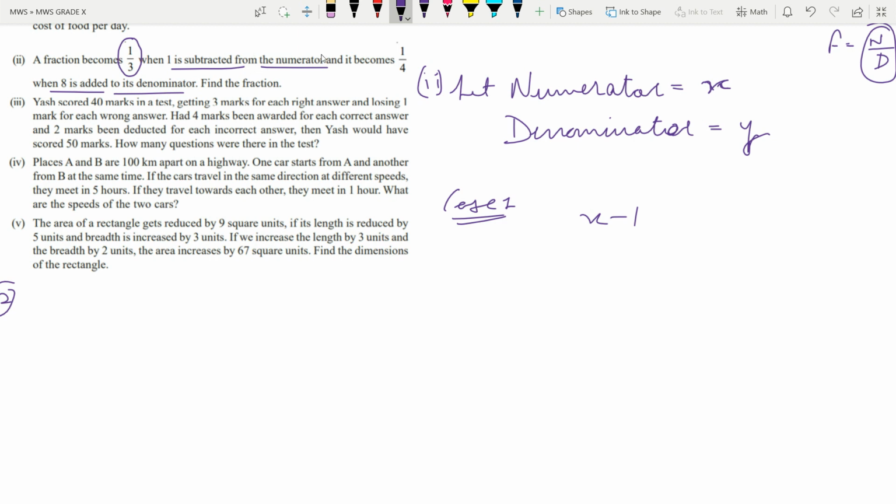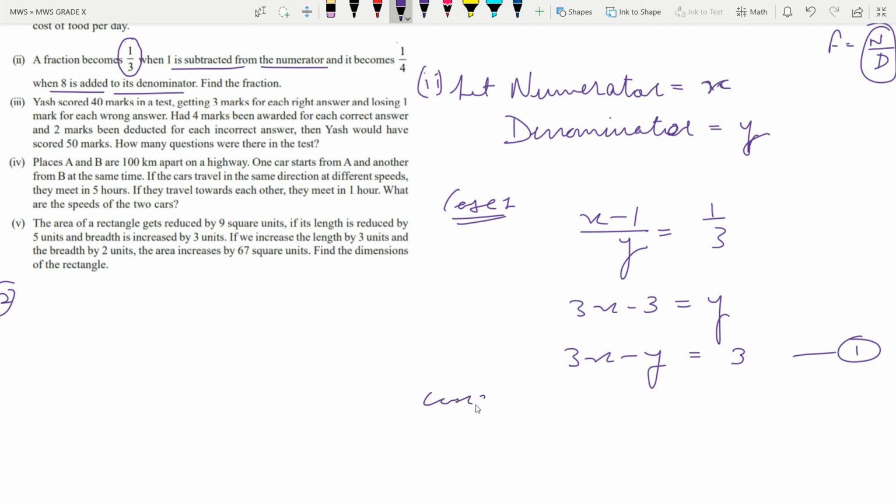Okay, and they are not talking about denominator, it means denominator remains same. Then the fraction becomes 1 by 3. Okay, so let us cross multiply it. 3x minus 3 is equal to y. Then 3x, bring this y this side, is equal to 3. Bringing this 3 this side, so it is first equation.